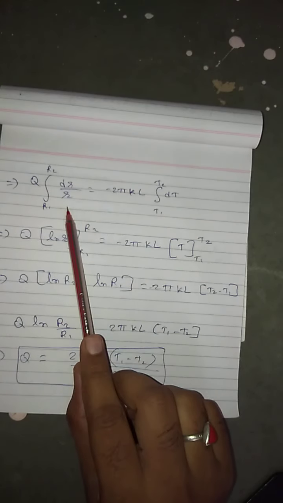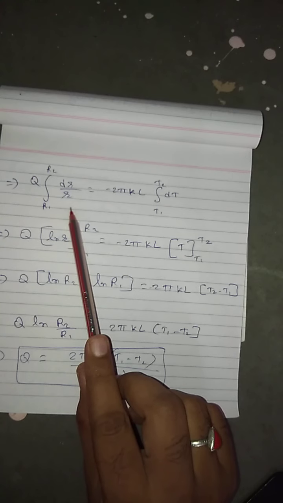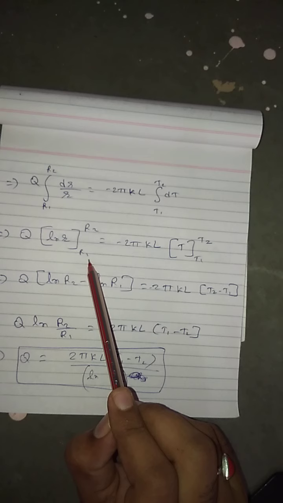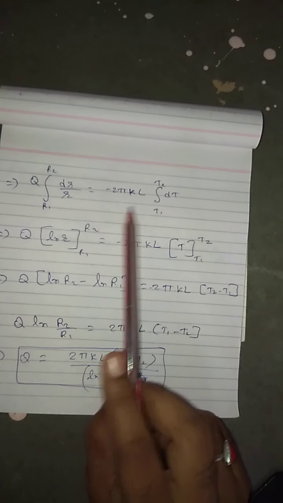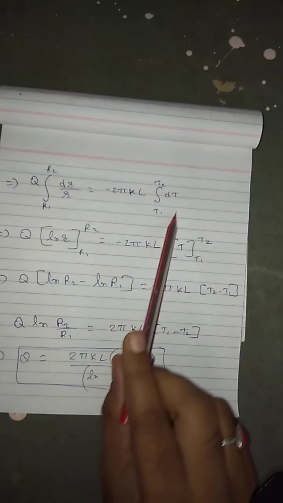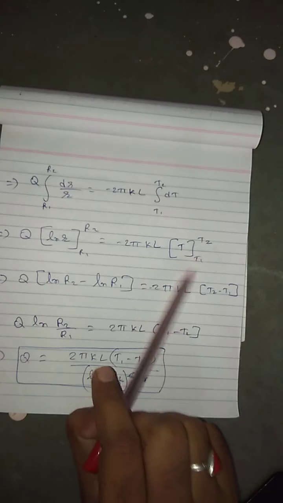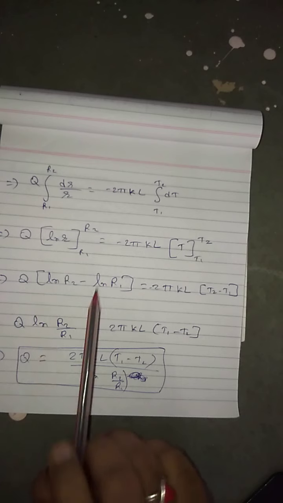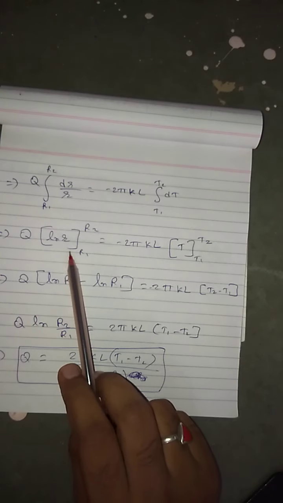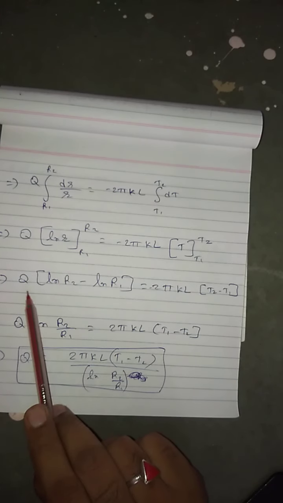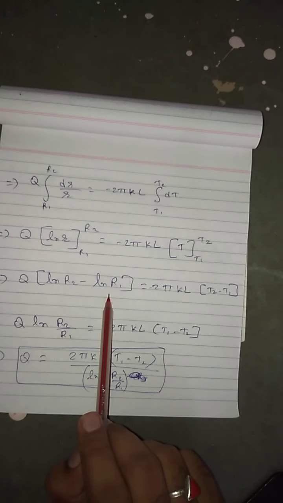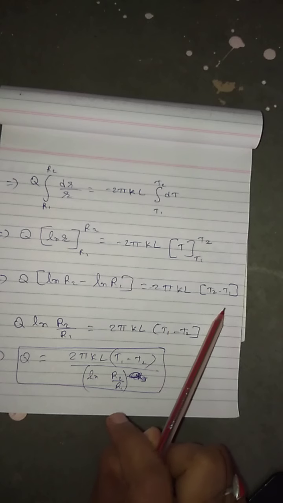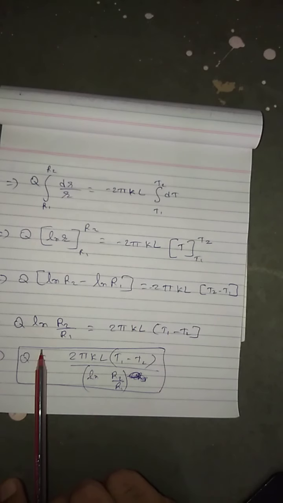Now integrating this, the integration of 1 upon r is ln r with limits R1 to R2. Here the integration of dT is T with limits T1 to T2. Now put the limits in this integration. So Q into (ln R2 minus ln R1) is equal to minus 2 pi KL (T2 minus T1).